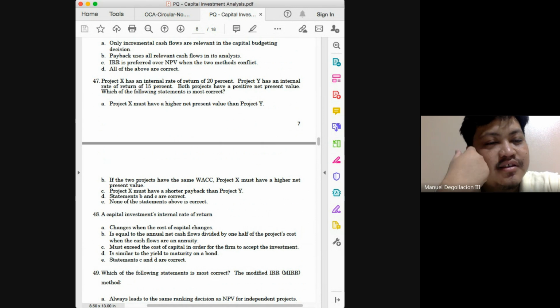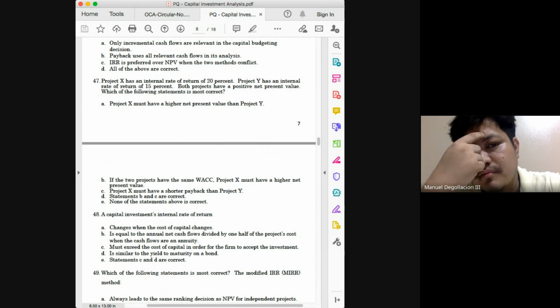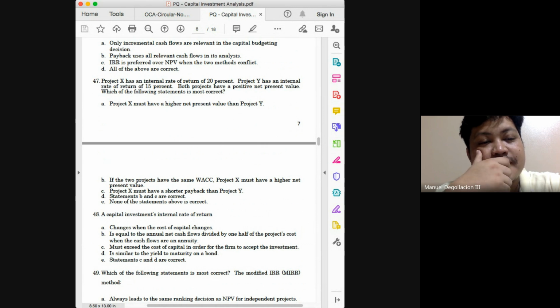So that means the 15 and 20 are all greater than the required rate of return. And then 15% is equal to 0.